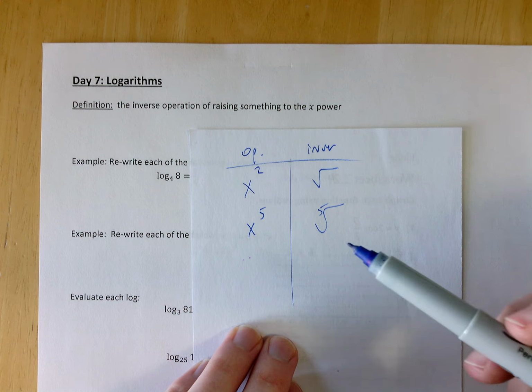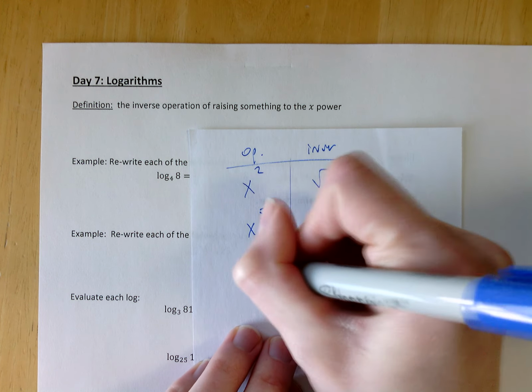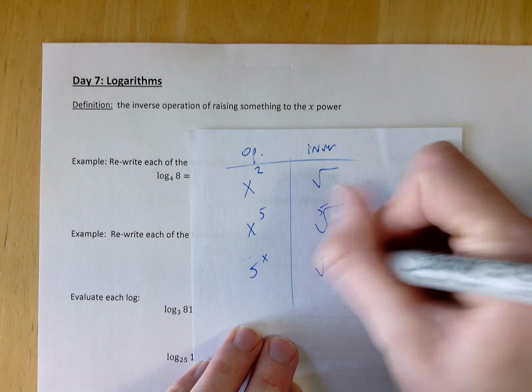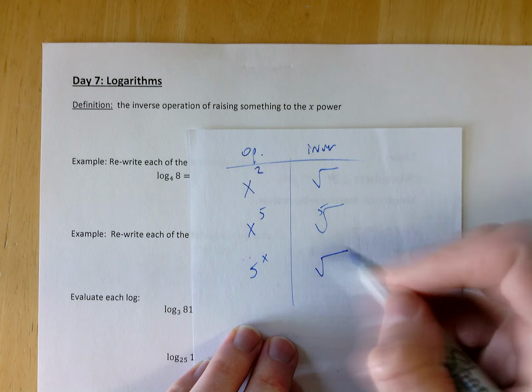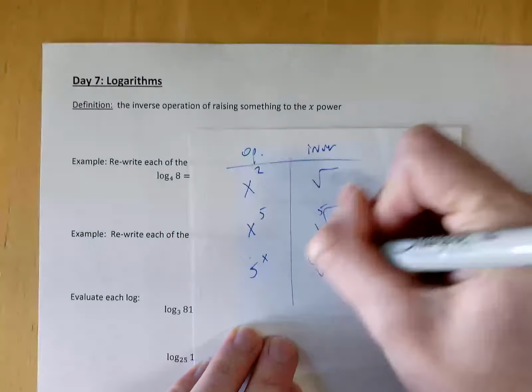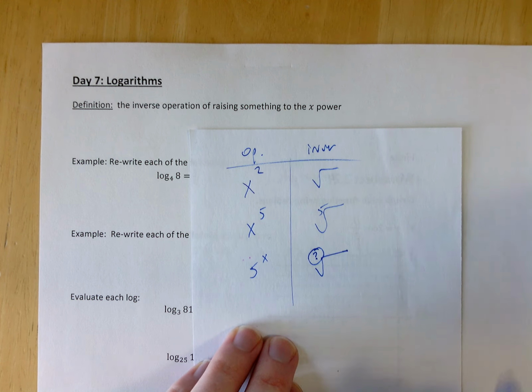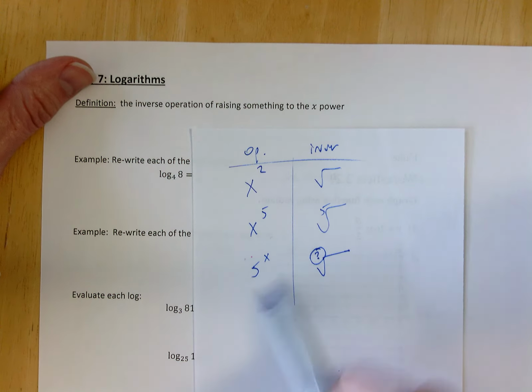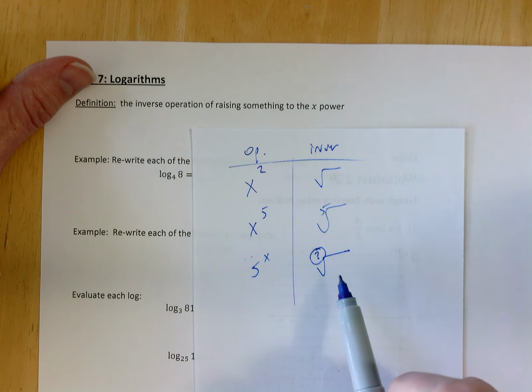So the problem comes into play that now we're looking at problems like 5 to the x. So when I go to do my inverse operation, even though it's an exponent, I run into a problem because I don't know what to use for my index number, right? So I can't just take a root to undo this, okay?